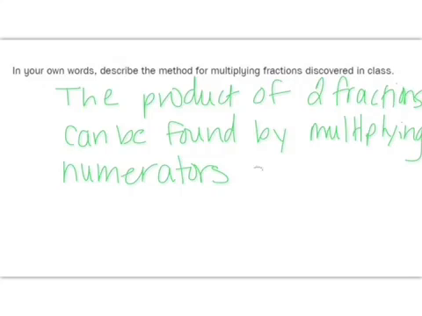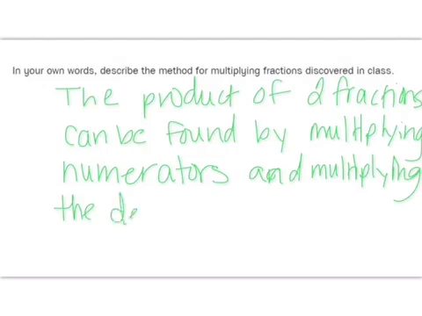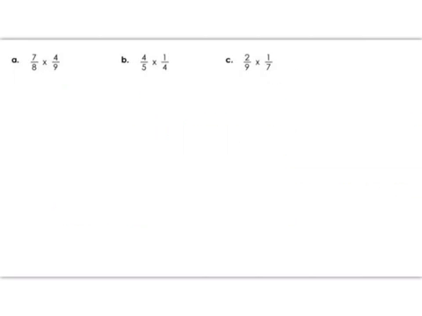And multiplying the denominators. So again, the product of two fractions can be found by multiplying the numerators to get a new numerator and multiplying the denominators to get the new denominator.